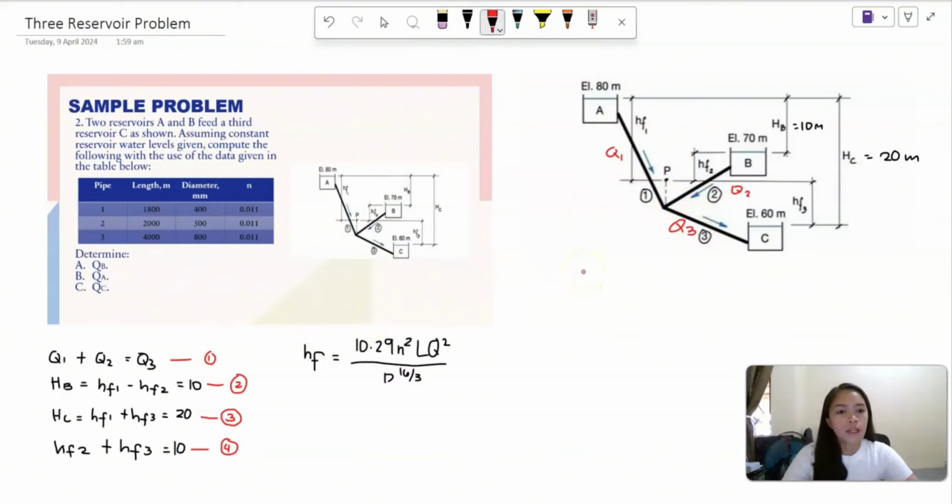So in terms of head loss, what we have here is the junction P. So this line here is our datum.